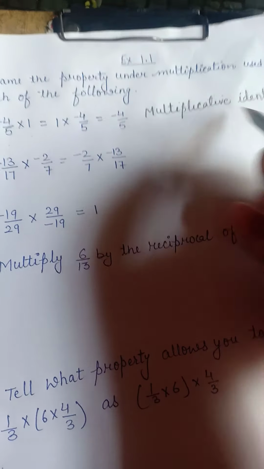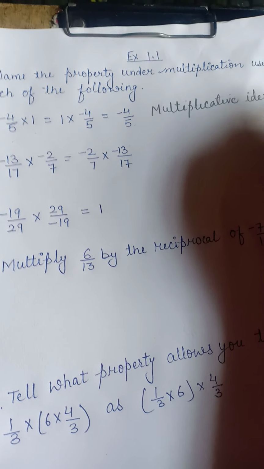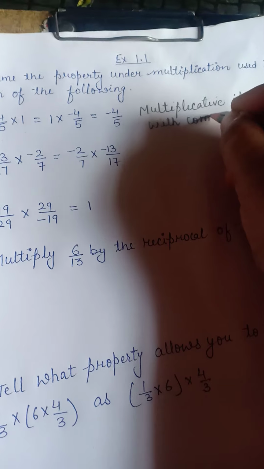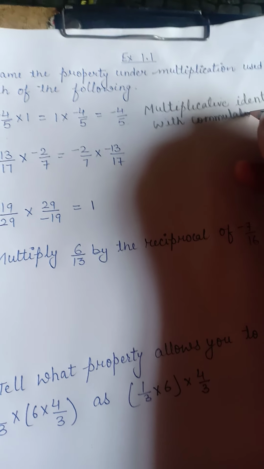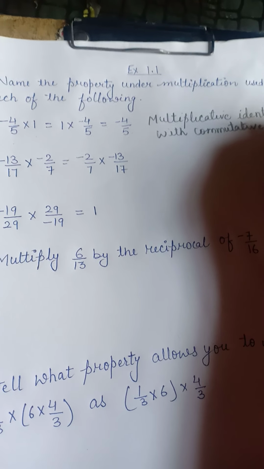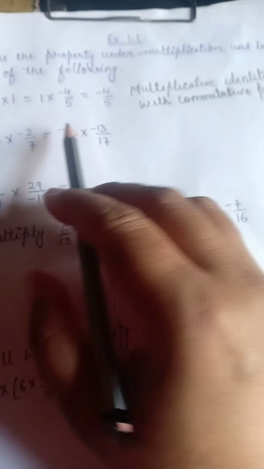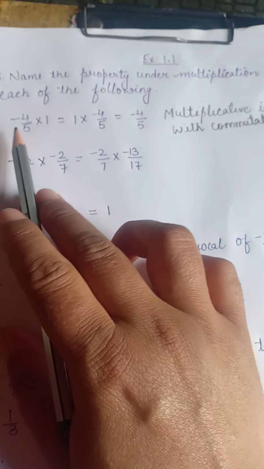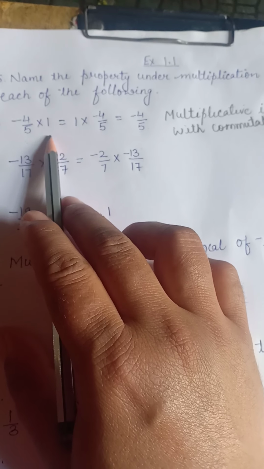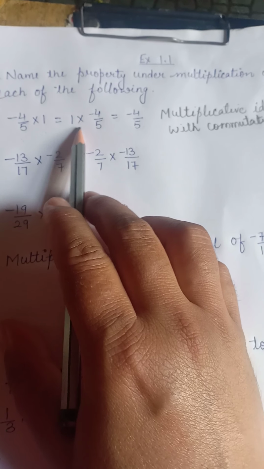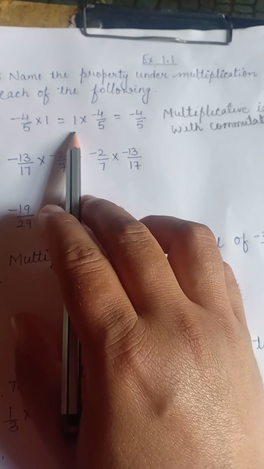Also we can write it as multiplicative identity with commutative property. Why commutative property? Because if we consider minus 4 upon 5 and 1 as two different rational numbers, then on the right hand side the positions of the rational numbers are interchanged.